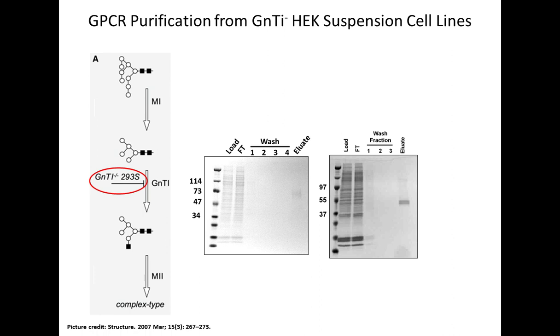And you can see that the purified protein in the far right column of each gel, for the native-like one on the left, it's very faint because it's a very spread out band, whereas on the right one from the GnTI minus line, it's a much more defined species.